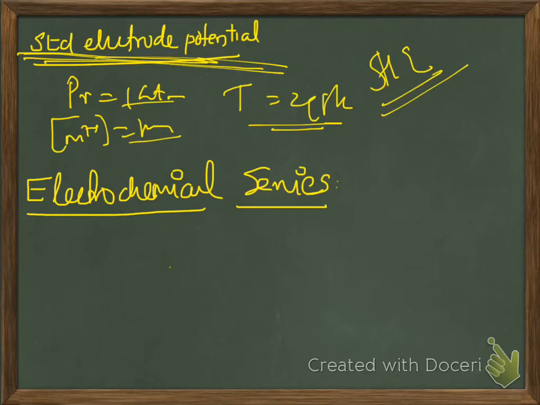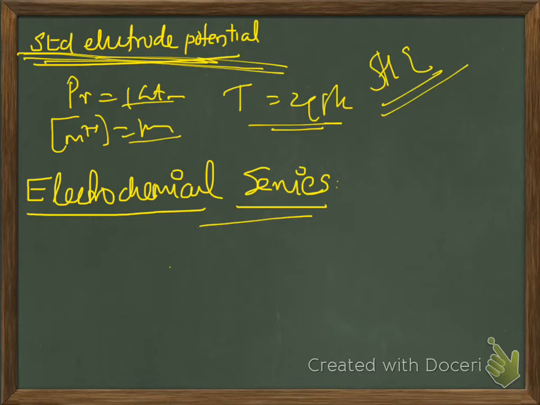Now we are coming to electrochemical series. What is electrochemical series? For each and every element, they have their own standard reduction potentials, which we are generally calling standard electrode potentials.